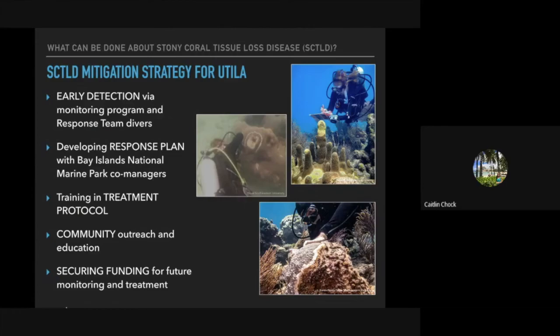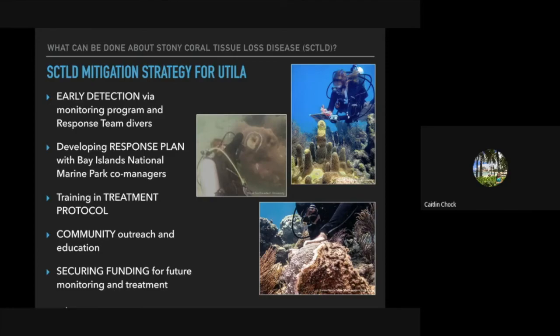Community outreach and education: working with the dive shops once everything gets reopened, and hopefully educating more people in the community about this disease and how to go about detecting it and treating it.